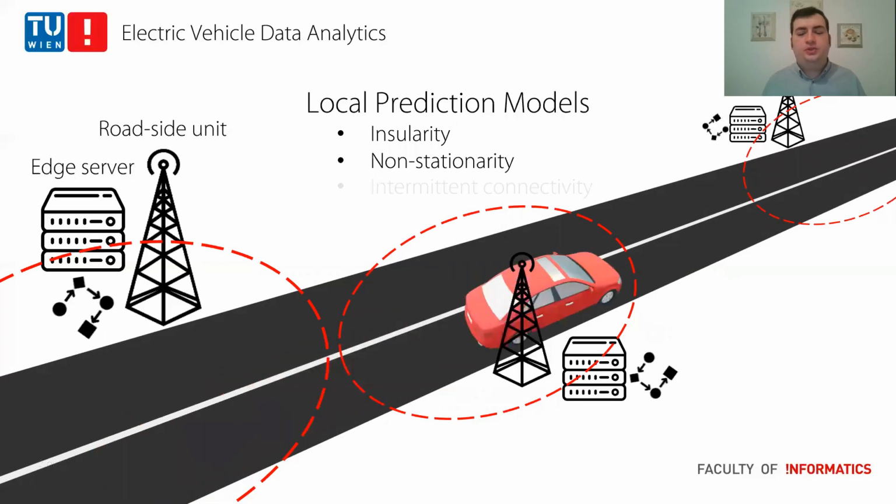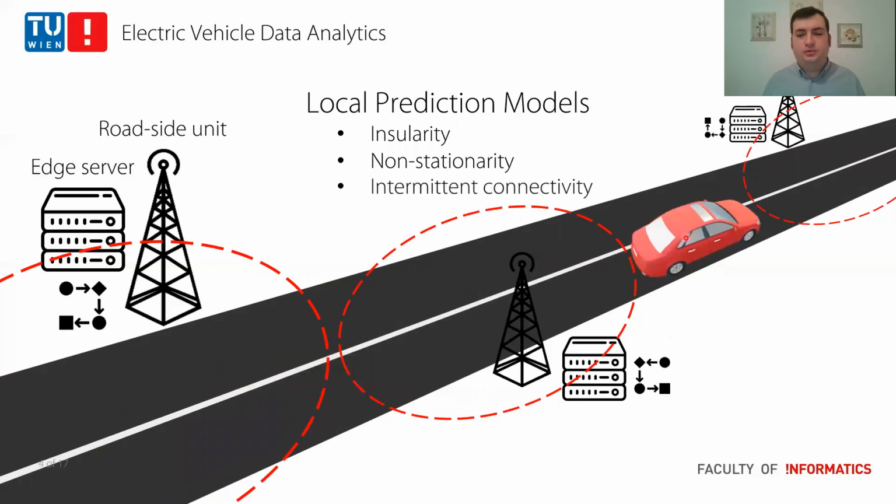The third issue, which is directly related to the mobility of the electric vehicle, is intermittent connectivity. So when the vehicle is in between roadside units or in a tunnel, for example, the data collected at the electric vehicle is not immediately accessible in any of the local models.